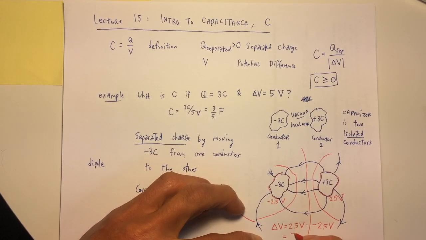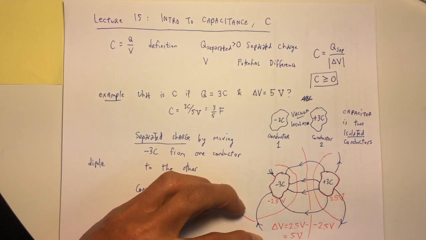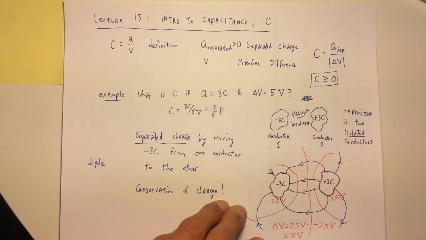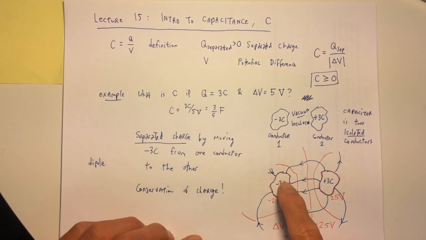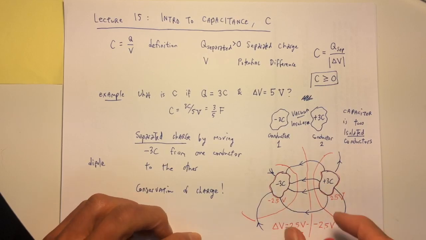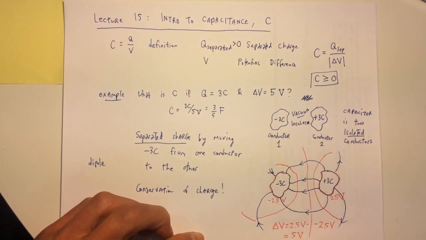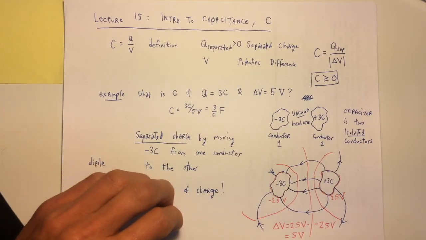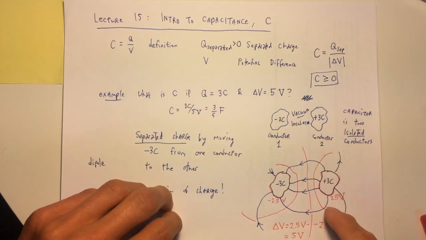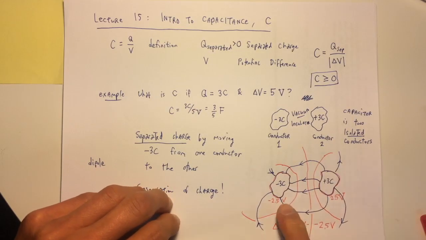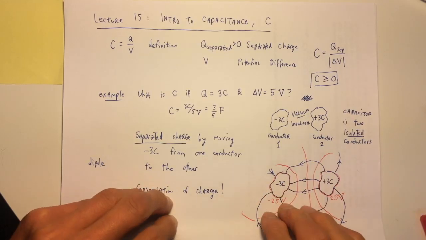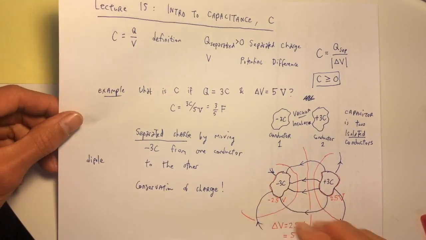So the total potential difference is 5 volts. And the charge separation is 3 coulombs. It still is this calculation. You get 3/5 of a farad for this set of conductors at that particular spacing with this insulator in between. Okay, lots of stuff, but the equipotential surfaces, the field lines, the individual values of voltage, they're all at play in this world.